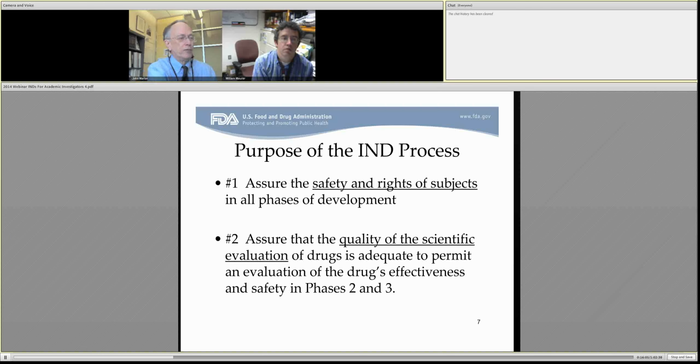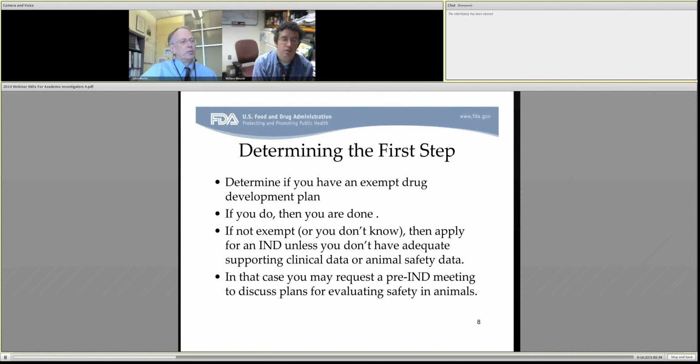So you will find that for larger trials and trials designed to evaluate efficacy, that is part of the purpose of the IND process. However, most people come in with smaller safety and dose tolerability studies, so it isn't a common problem.